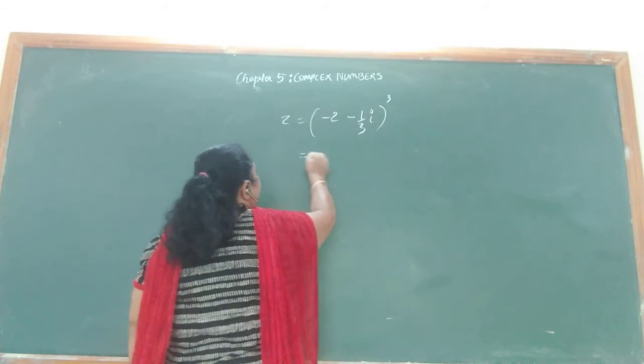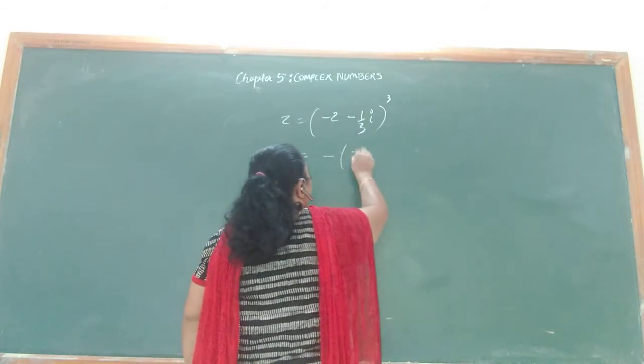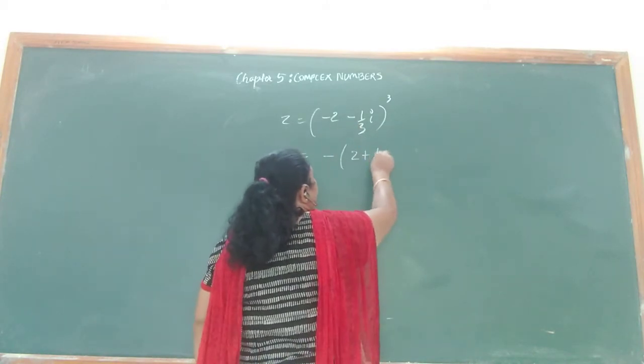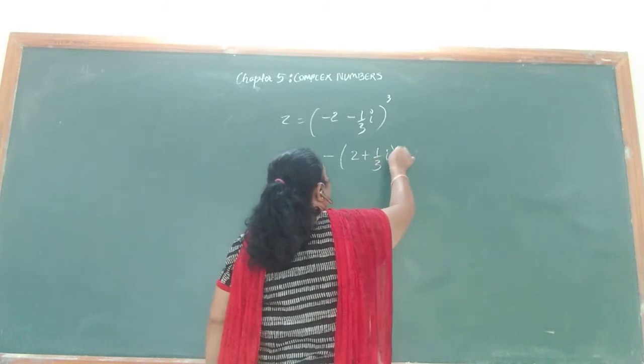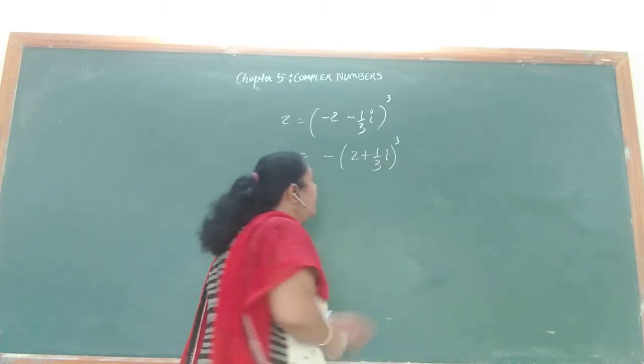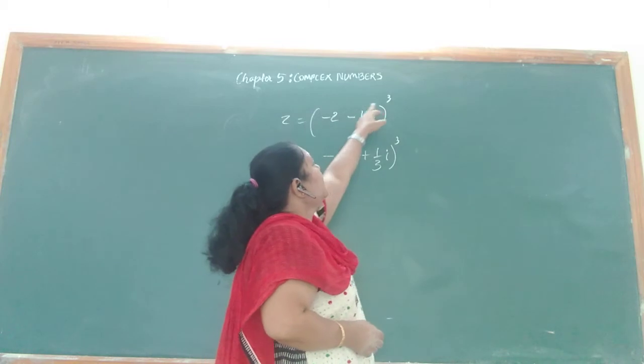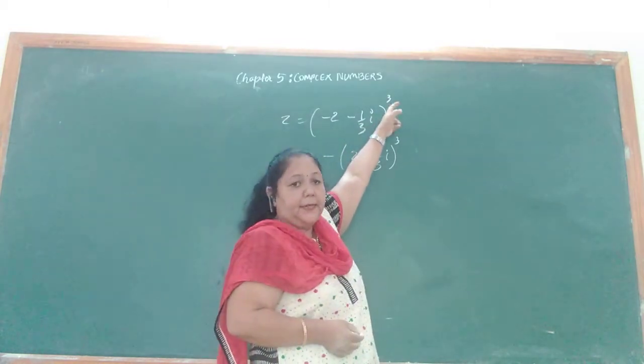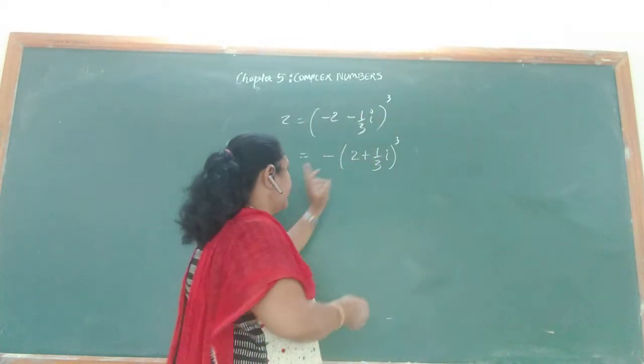Now, this minus sign is common in both, so I can write it as 2 plus 1 upon 3i whole cube, and when minus is removed from an odd power, the minus sign will persist.